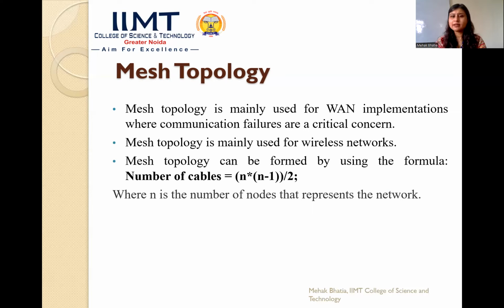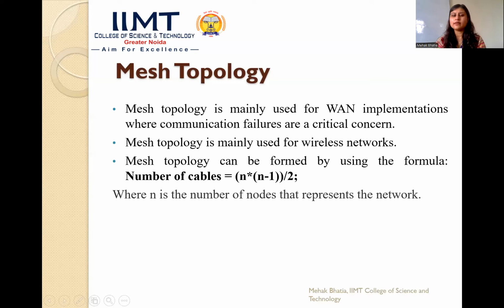The number of cables present in a mesh topology can be calculated via this formula, which is n into n minus 1 divided by 2, where n is the number of nodes present in the network.